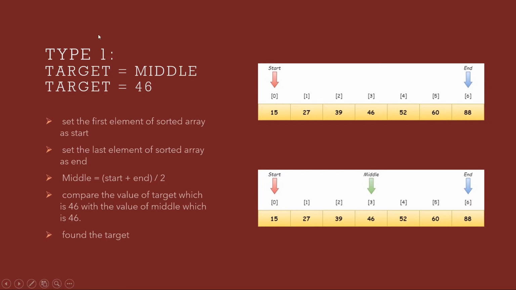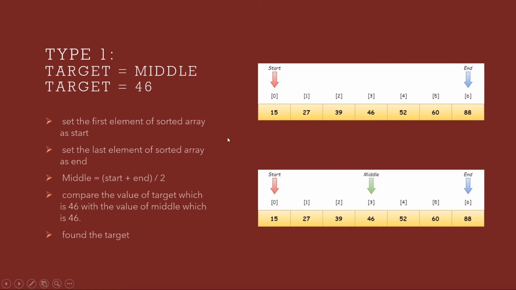First, we need to set the first element of the sorted array as start. So we can see in the diagram, we put the arrow of start at index 0. We also set the last element of the sorted array as n. Now you can also see the arrow of n is located at index 6.